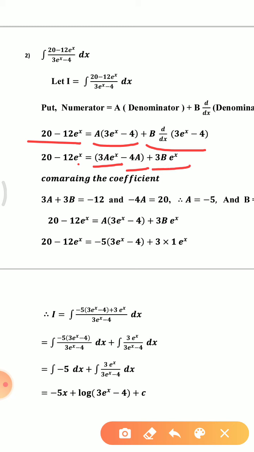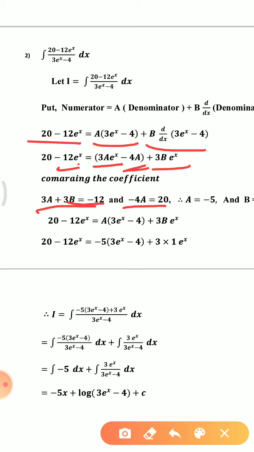Then comparing the coefficients on both sides, 3a e^x plus 3b e^x equals −12e^x, comparing e^x with e^x and constant with constant. That means the equations become 3a + 3b = −12 and −4a = 20.